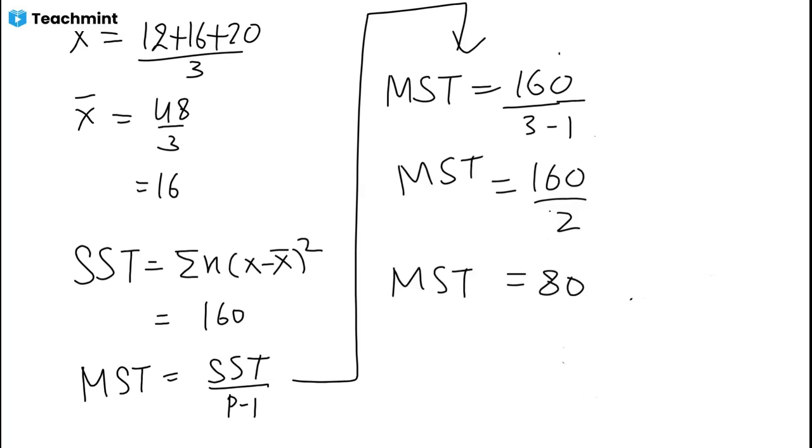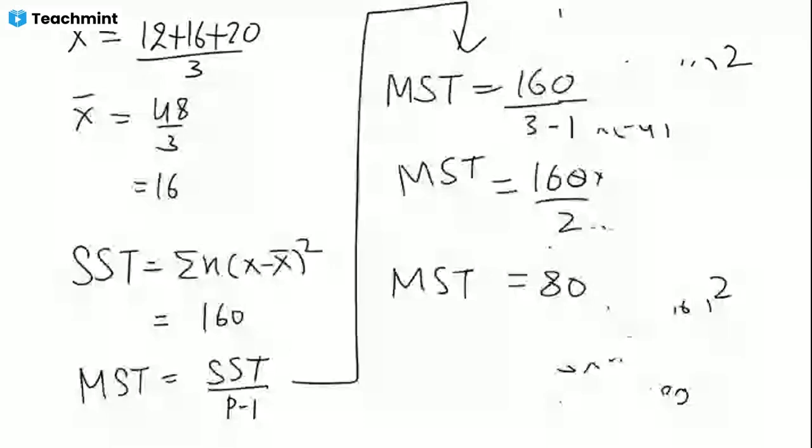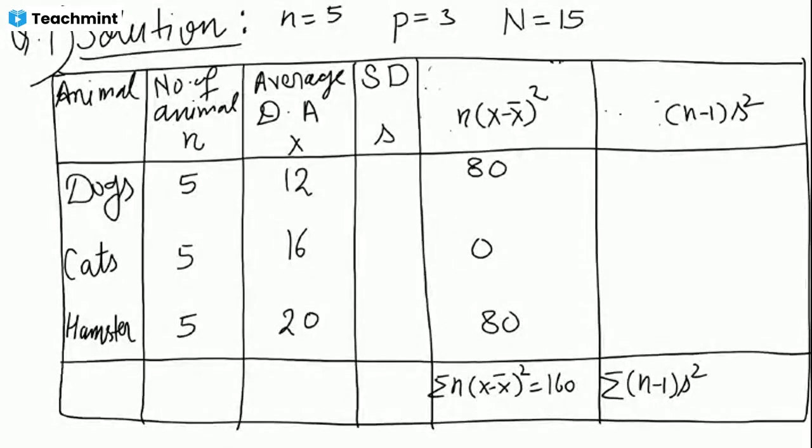Now we need to find SSE. SSE is summation n minus 1 into s square. So let us find this. So n minus 1 is 4 because n is 5.